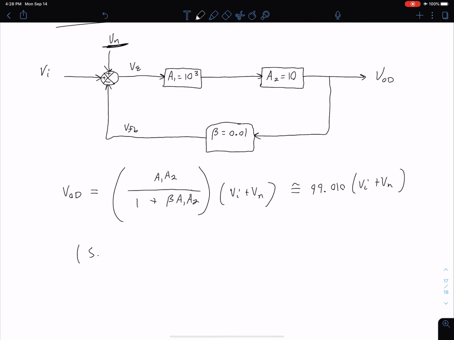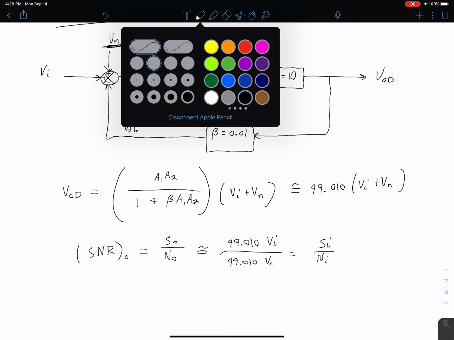And so of course what that means, if we calculate our signal to noise ratio for the output, is our output signal divided by the noise in our output, which is approximately 99.010 VI divided by 99.010 Vn, which equals a signal to noise ratio of just 1.